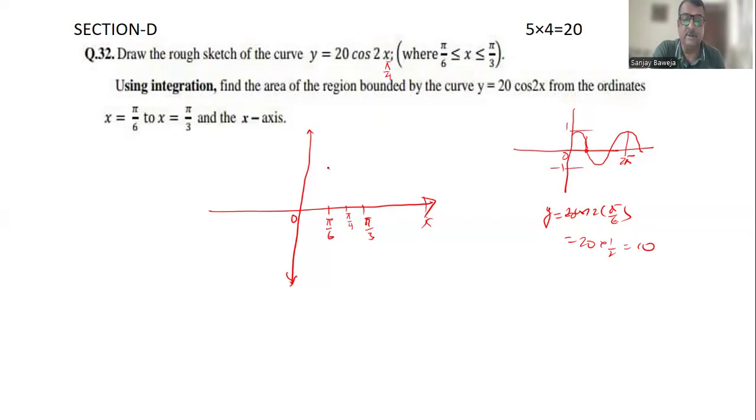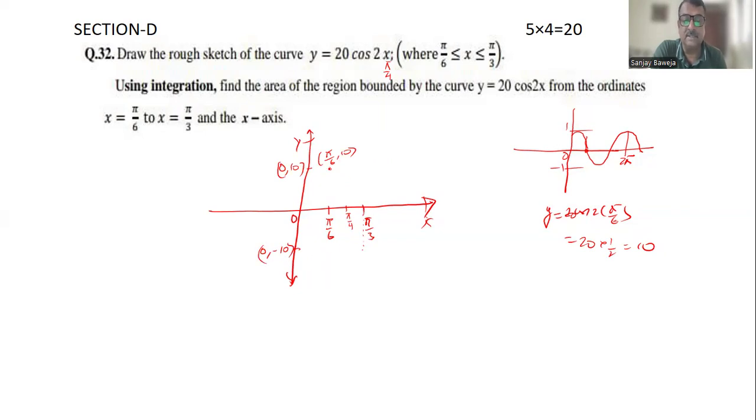Let us look at this point. This is 0 comma 10 on y-axis and this point is pi by 6 comma 10. Similarly, we locate pi by 3 comma minus 10 and we find this point is 0 comma minus 10. When you put pi by 3, you will get this.